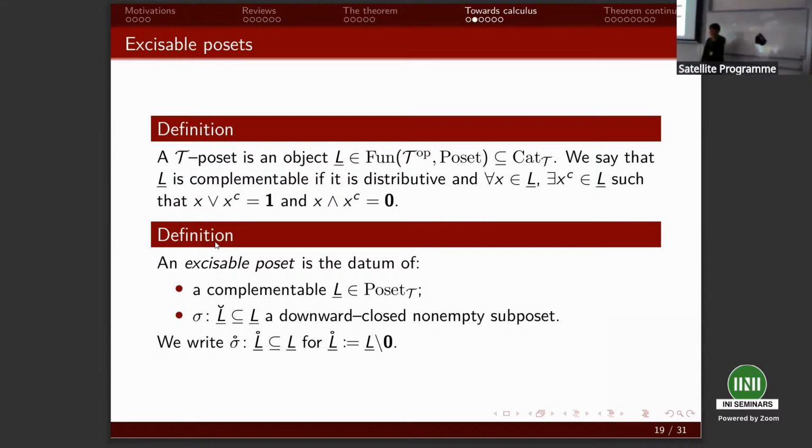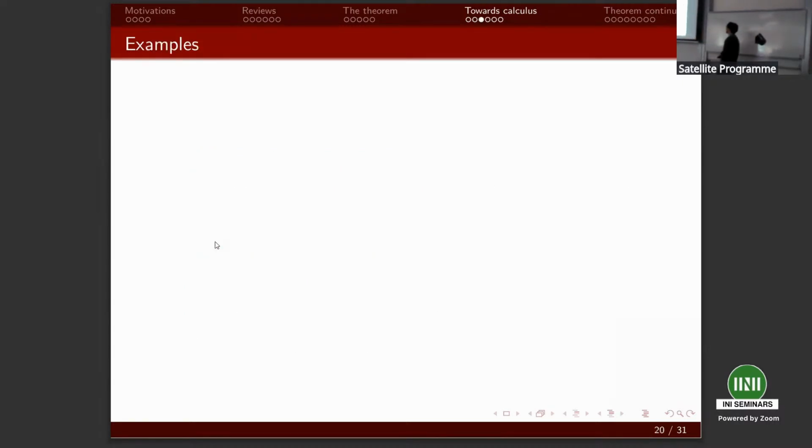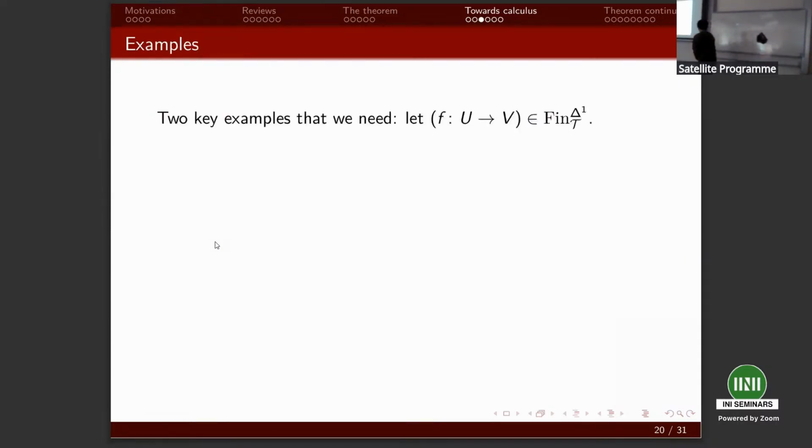Right, so this is a bit abstract, but let me draw you some examples, then you get a feeling for what's going on. Examples which should be important for us today are the following. Suppose you have a map of finite T sets. You can look at the parameterized F cube, but you can give it two different accessible poset structures.